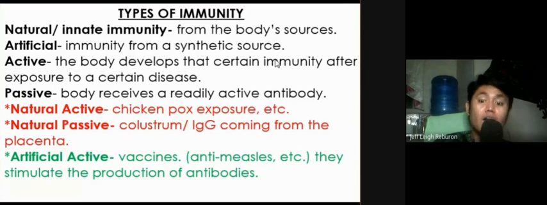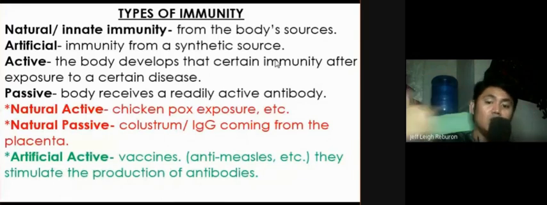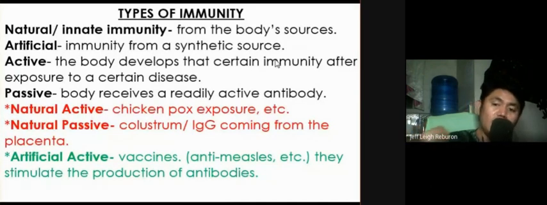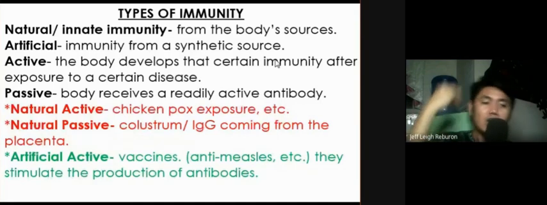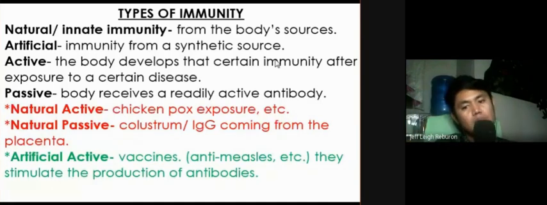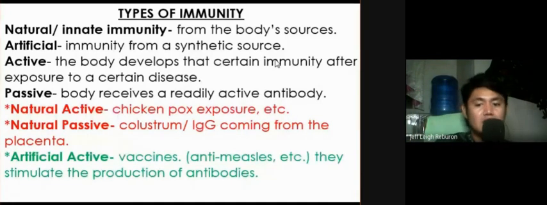You already are protected. So that is your artificial active immunity. Ininjectan ka, coming from an artificial source. Okay? And then ikaw mismo, yung antigen mismo, trigger niya yung immune response mo, ikaw na din mismo yung nag-produce ng sarili mong antibody.